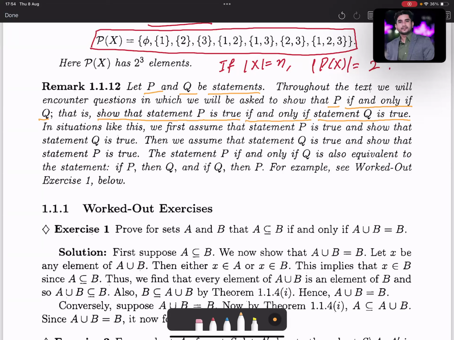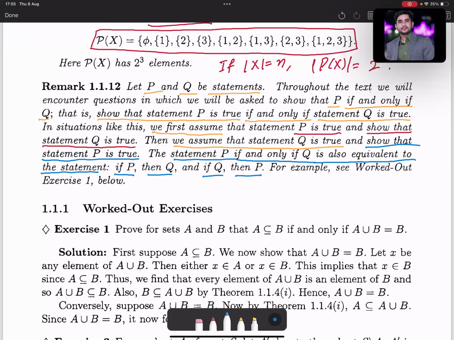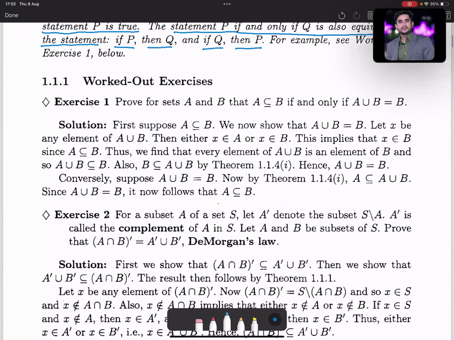In situations like this, we first assume that statement P is true and show that statement Q is true. Then we assume that Q is true and show that statement P is true. The statement P if and only if Q is also equivalent to the statement if P then Q, if Q then P. For example, see the workout example.